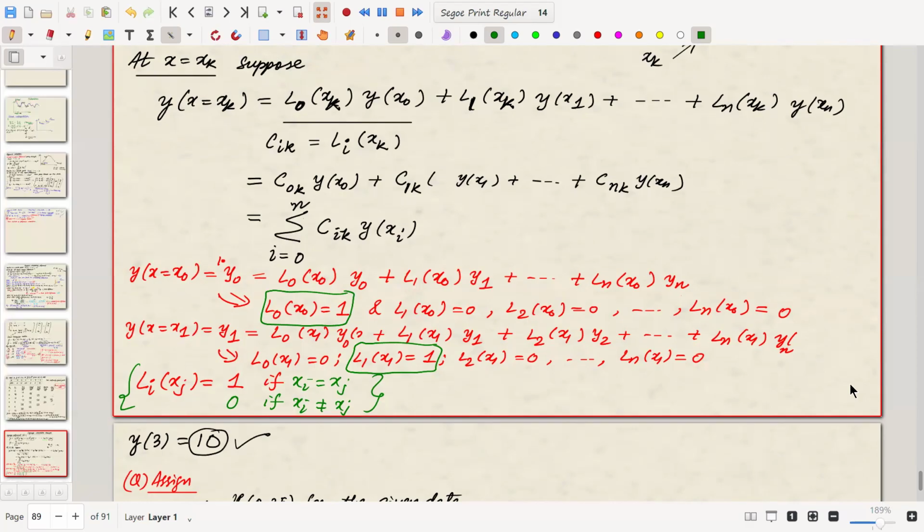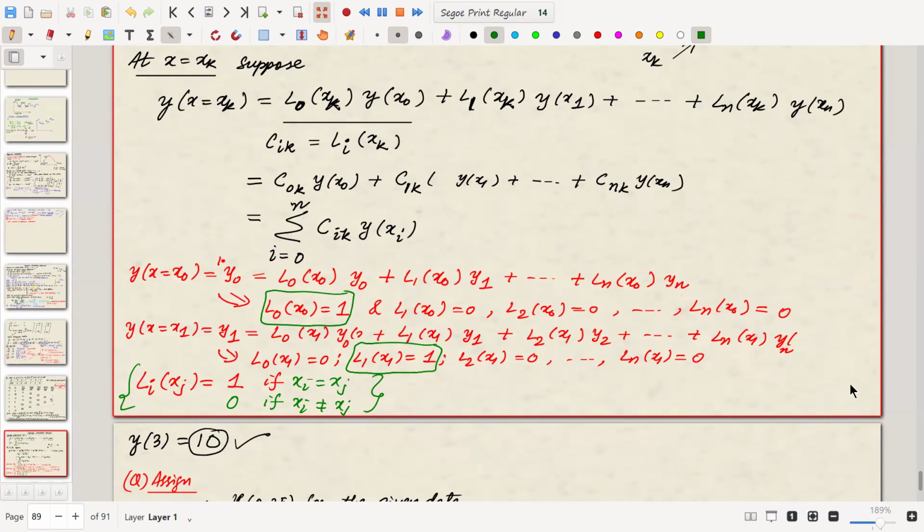Can you see this pattern? What do you think? How should this look?